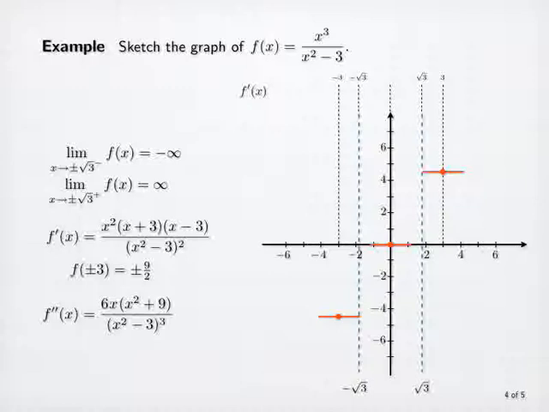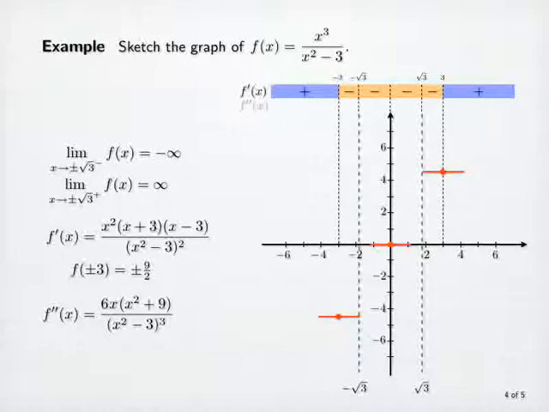If x is less than minus 3, then both of those factors are negative, and so f prime of x will be positive. And we will not have another sign change until we reach x equals 3. When x is greater than 3, f prime of x becomes positive again.